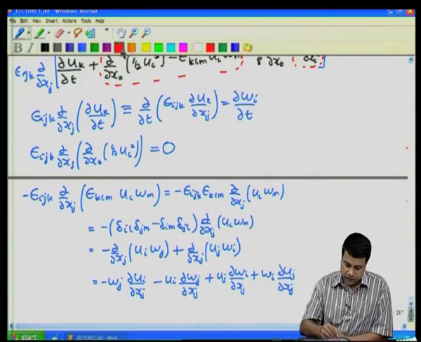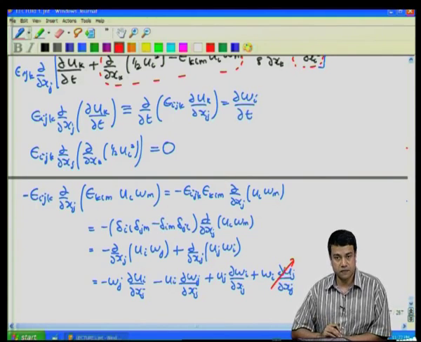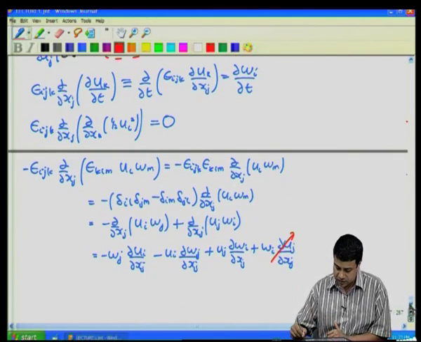The last term here, of course, is equal to 0 because of incompressibility. The divergence of velocity is equal to 0 in the Navier-Stokes equations.